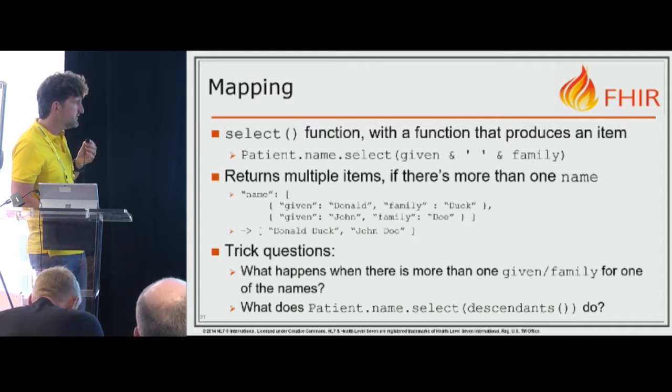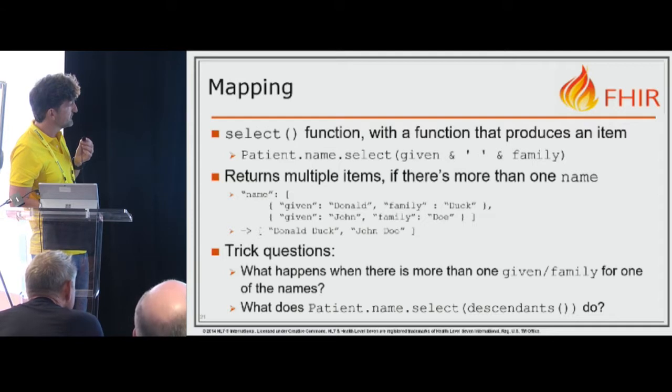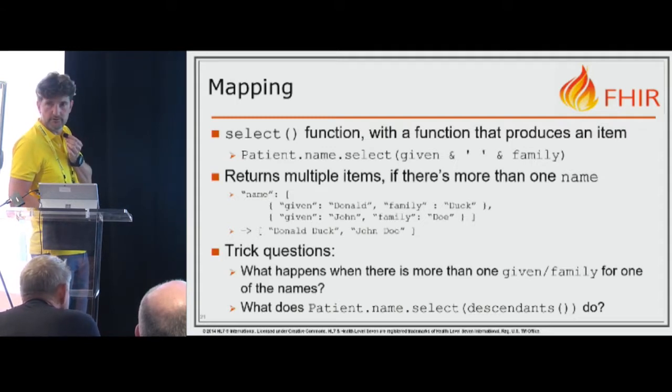The reason I'm showing you this is that it is kind of special. When we looked at the previous one, it looked pretty trivial because you're going over name, it is given and family and I'm just adding that up. But this is actually answering the question, what happens if the operation you're running on name returns multiple items, as descendants do?